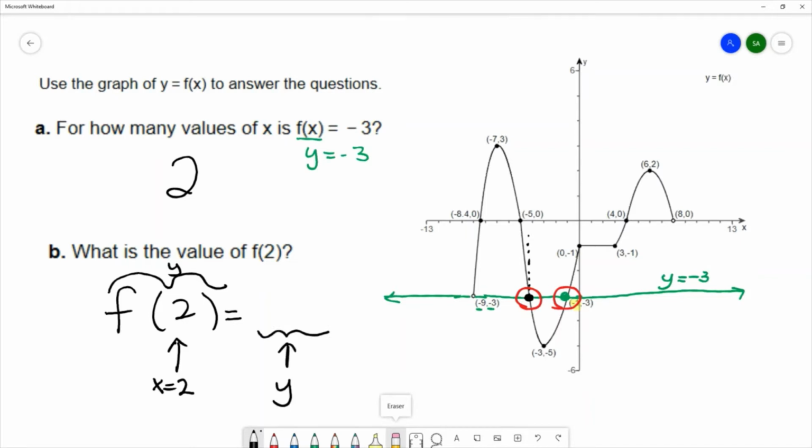So I'm going to go to my picture, find an x value of 2, and go over to the graph to see what that y value is. And that y value is -1. So f of 2 is -1.